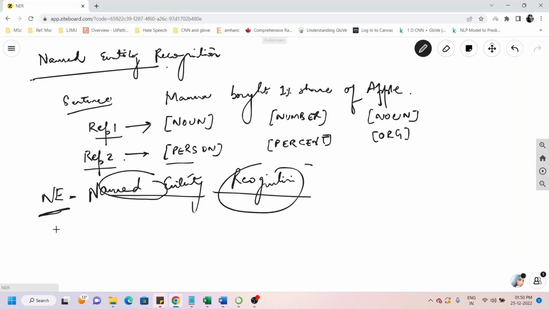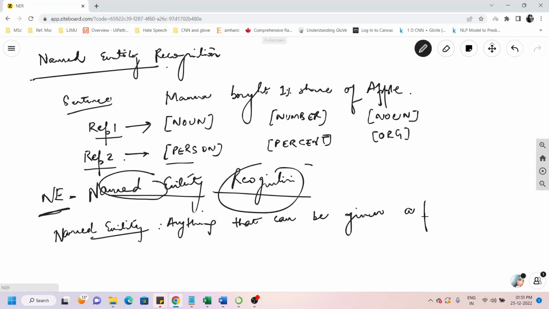So what is the definition of named entity? I am writing it here. Named entity: anything that can be given a proper name, such as person.